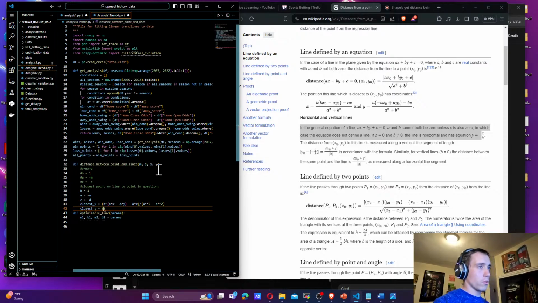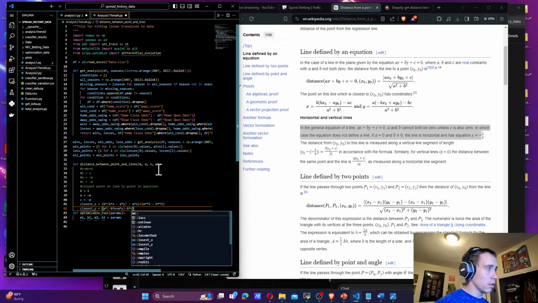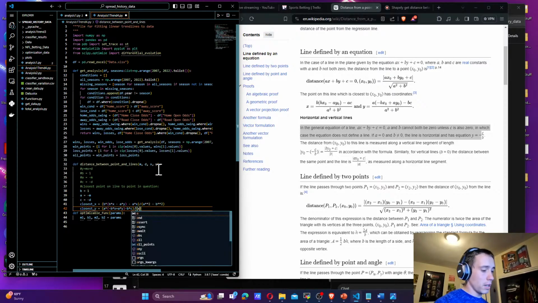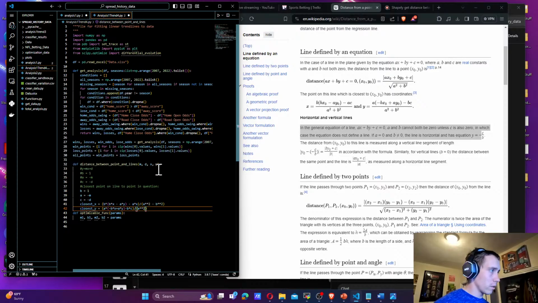Okay, and then similarly we could get closest Y is equal to A times (minus B times X plus A times Y) minus B times C. Divide that whole thing by A squared plus B squared.